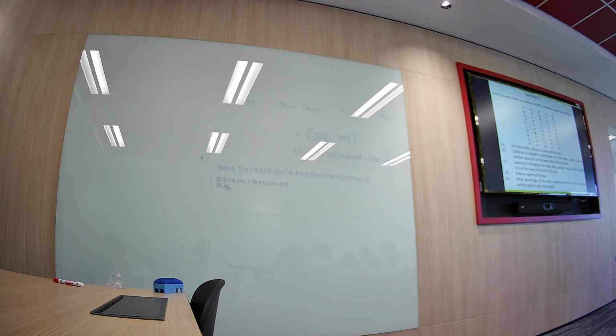Yeah, you can see this one. This is the question. And to draw the histogram and ogive, I give you the grid. This is the grid.